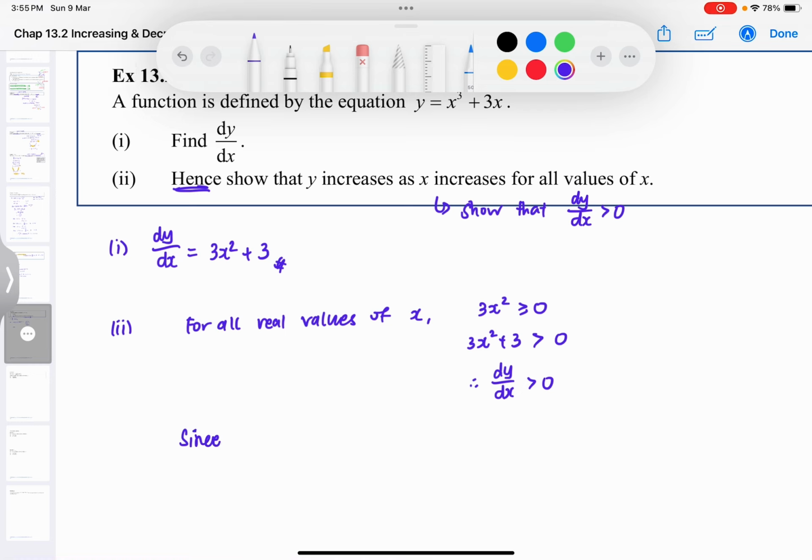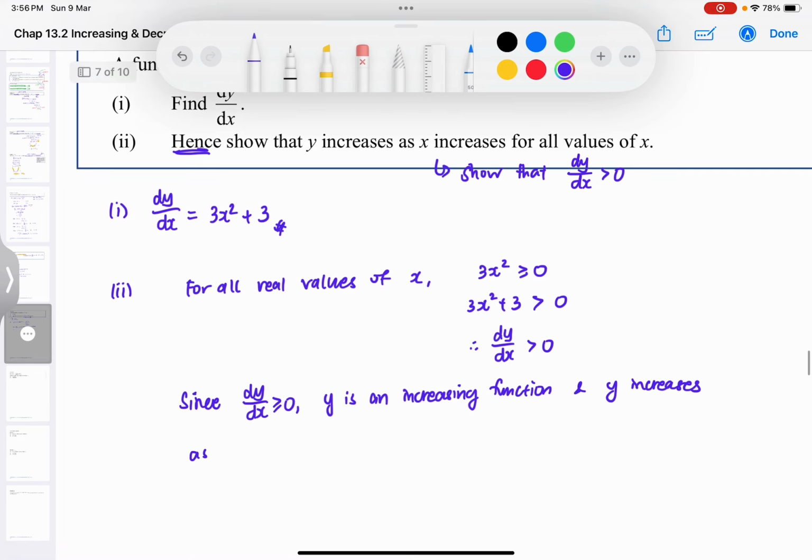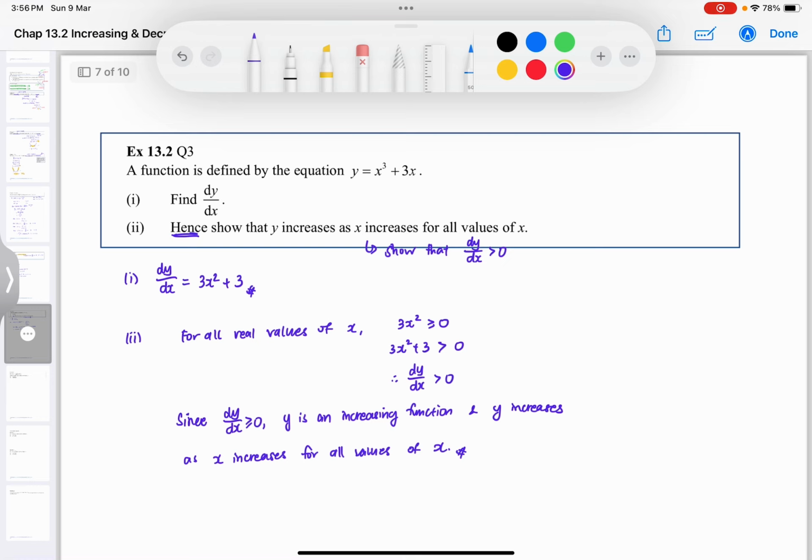So since dy over dx is greater than 0, y is an increasing function and y increases as x increases for all values of x. Okay, so this is exercise 13.2 question 3.